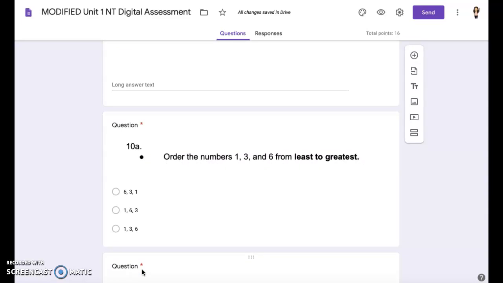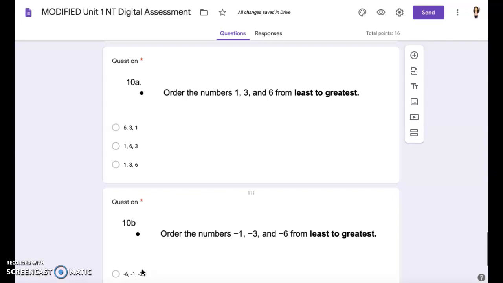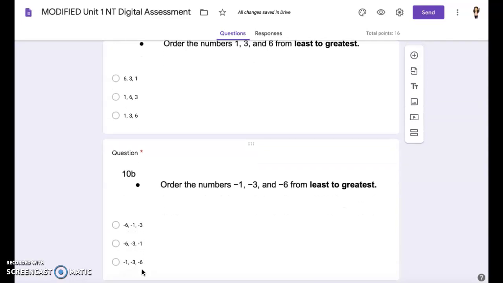10A. Order the numbers 1, 3, and 6 from least to greatest. 6, 3, 1, or 1, 6, 3, or 1, 3, 6. 10B.